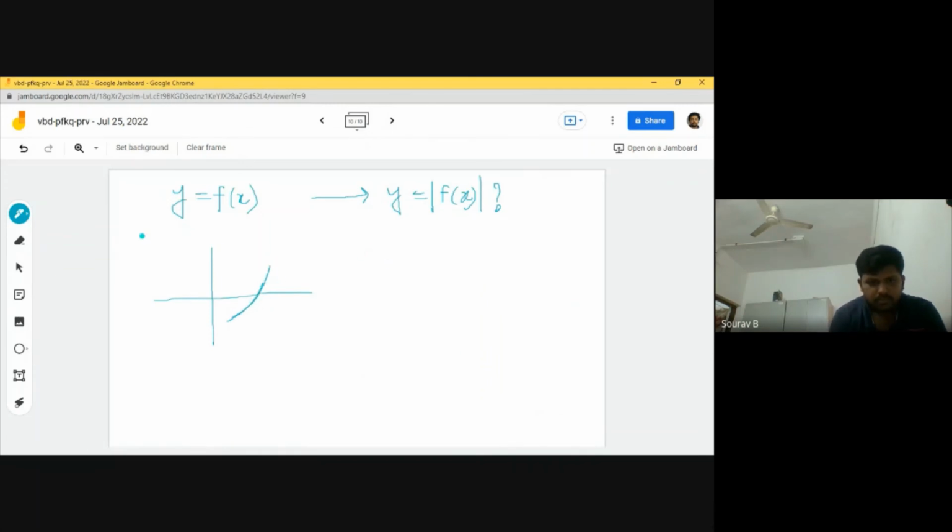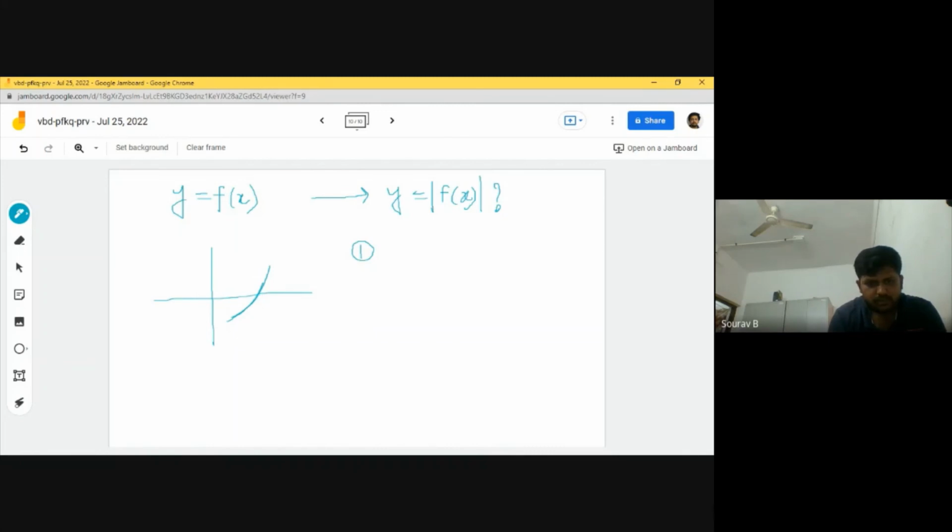So you will do one thing. Until you are getting f(x) to be positive, once you get f(x) positive, you will keep the rest of the graph as it is. But before that, wherever this y equal to f(x) is negative, you have to make it positive.